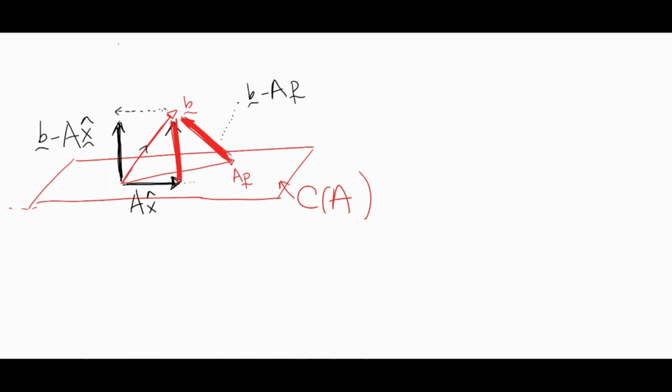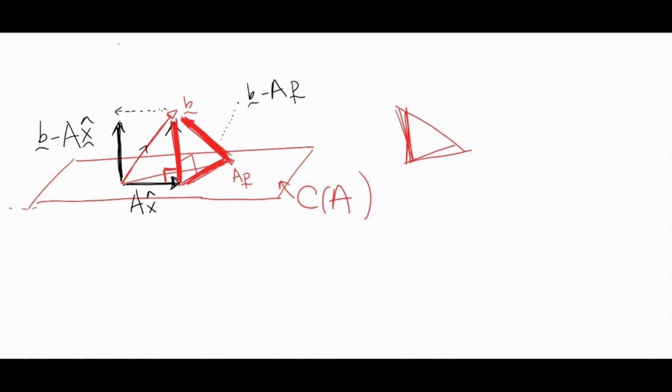The answer should be clear. Orthogonal projection: intuitively this is 90 degrees. If you look at this triangle that we're drawing, this is the hypotenuse of this right-angle triangle.